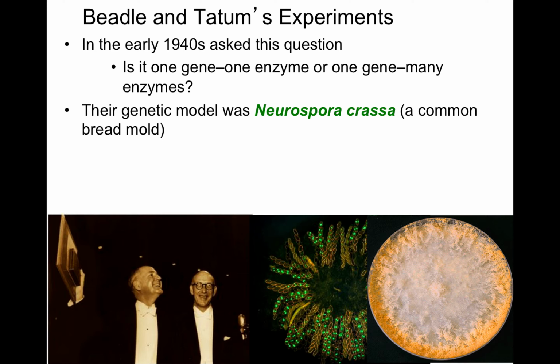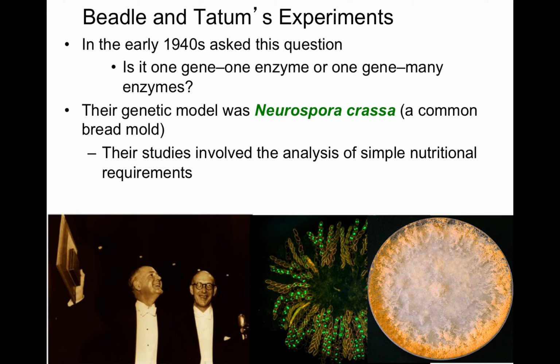Their genetic model, like I said, was Neurospora crassa, common bread mold, and their studies involved analysis of simple nutritional requirements. If you can remember, prototrophs are organisms that can grow on very simple nutrients such as a carbon source and simple salts, whereas auxotrophs require some other more complicated molecules to be included in their nutritional supplements.